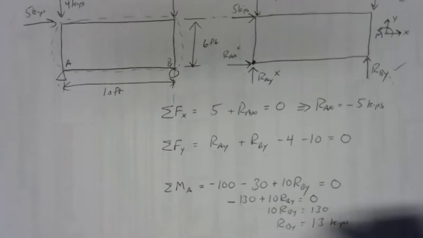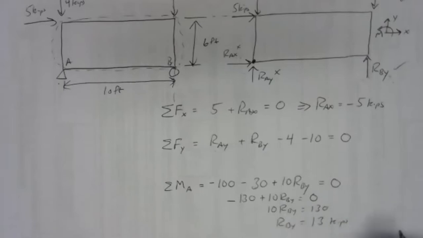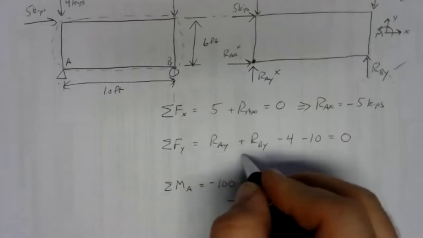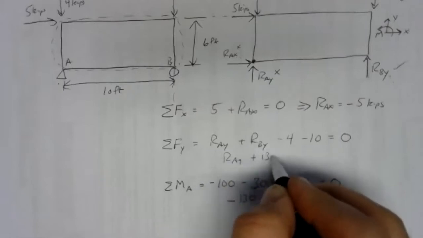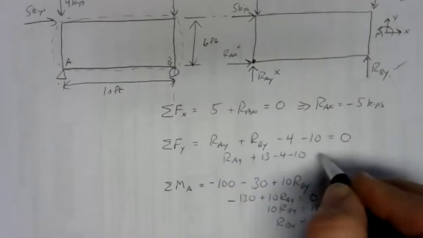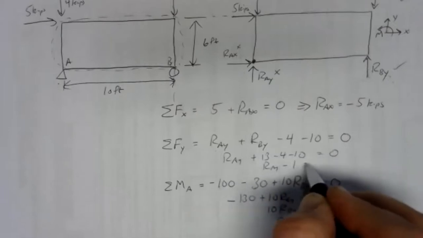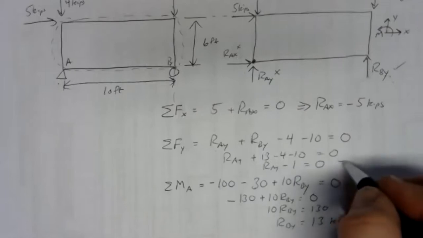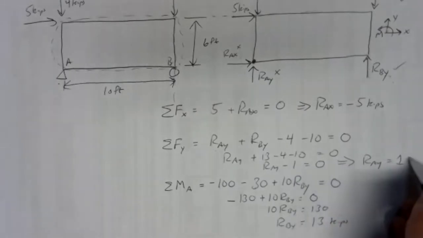And now that we know RBY is 13 kips, we can go up here to the y direction equation and plug that in. So we have RAY plus 13 minus 4 minus 10. That gives us RAY minus 1 equals 0, which gives us RAY is 1 kip.